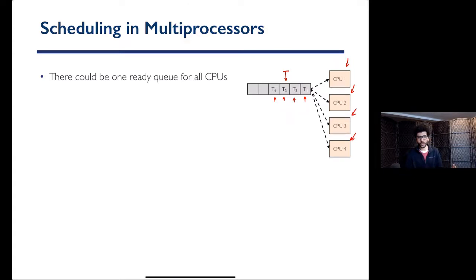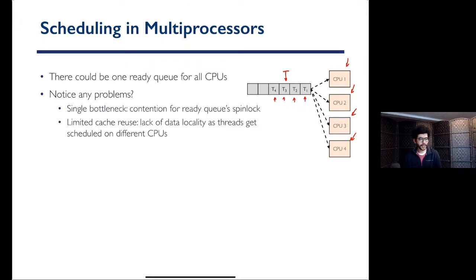So this is the naive approach. Basically, we're not going to change anything from the uniprocessor, we're just going to run the code on different CPUs. So any problem with this? Well, we're going to have lock contention, right? The exact same issue that we talked about so far. Now I have this single data structure, this ready queue, and it should have a lock because it might be simultaneously accessed from different CPUs.